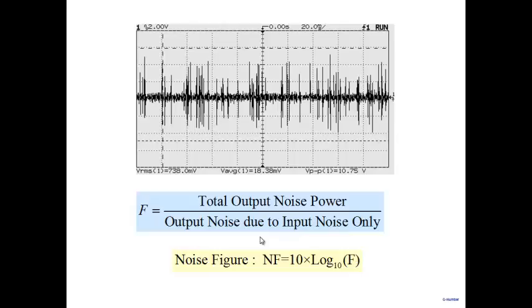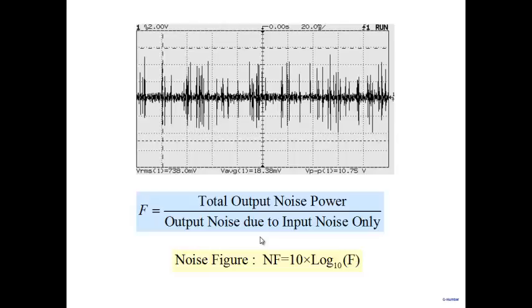When you see noise at the output, where can it come from? It can come from the amplifier itself, noise generated in the amplifier, or from input noise. No signal is a clean signal. In the lab, you may have a very nice sinusoid, but in real life, every signal comes with some amount of noise in it.